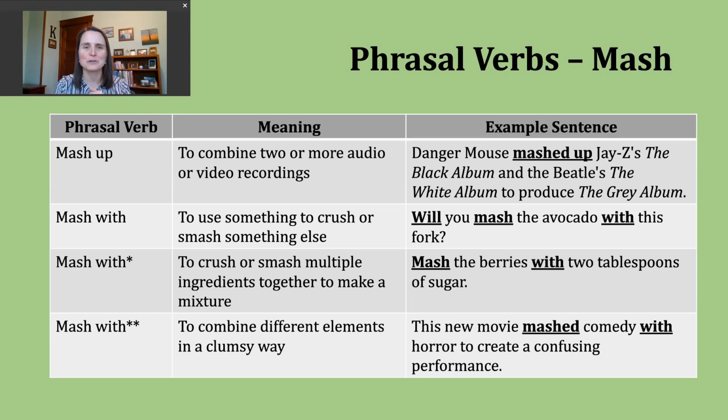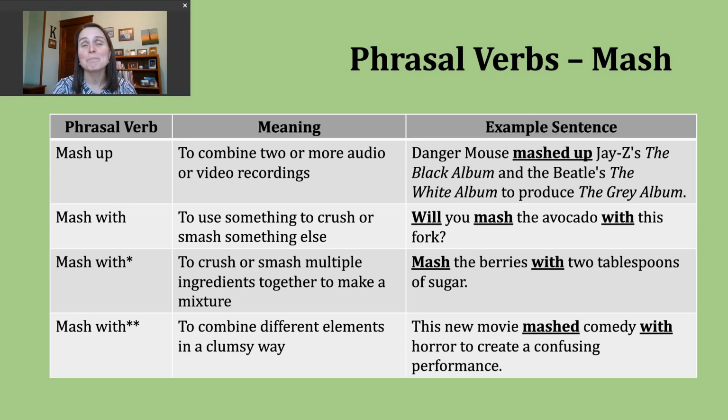Right? So that's how we get the third name. So he combined these different audio recordings to make something kind of new and interesting. And if you like either one, either Jay-Z's music or the Beatles' music, I would encourage you to check that out. It was something I really enjoyed listening to again a long time ago.